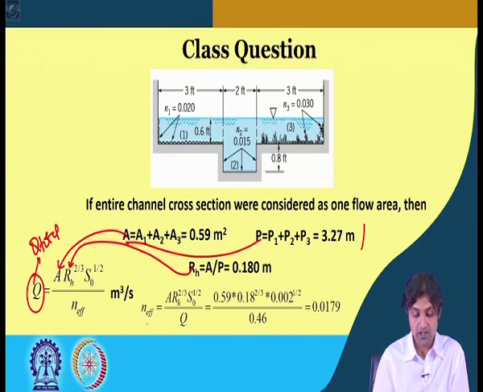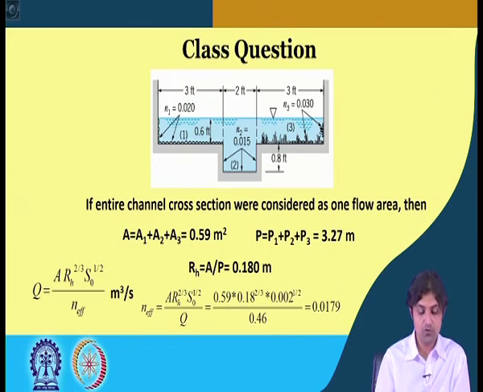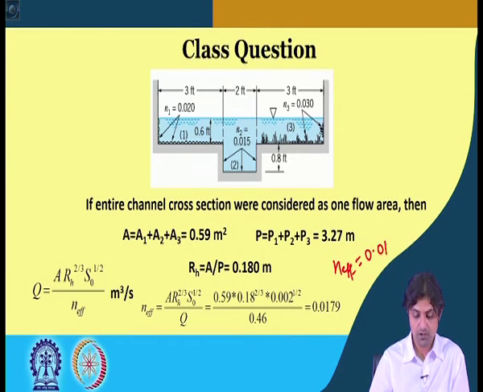So, N effective is going to be A RH to the power 2 by 3 into S naught to the power half divided by Q. A is 0.59, into 0.18 to the power 2 by 3, into 0.002 to the power half, divided by 0.46. So, N effective came out to be 0.0179. This lies between the values of N2, N1 and N3.